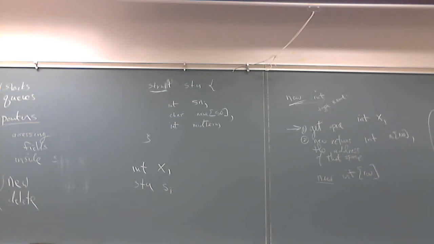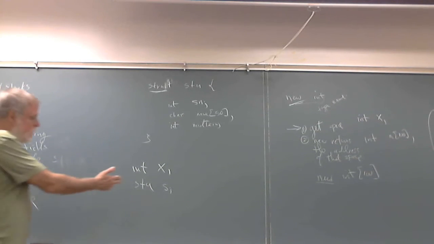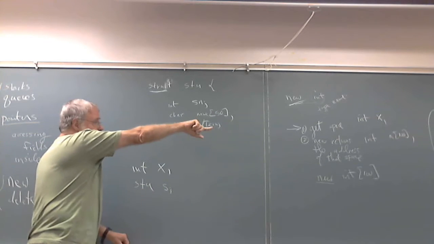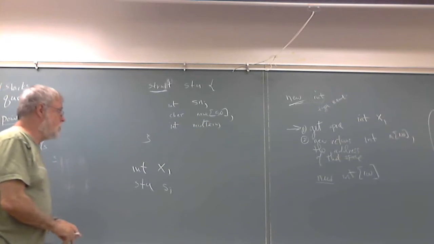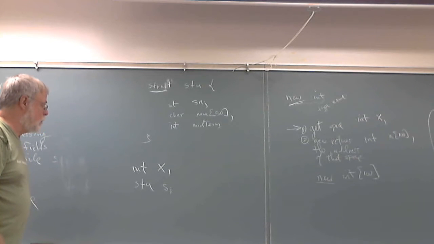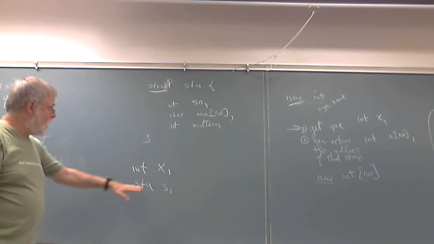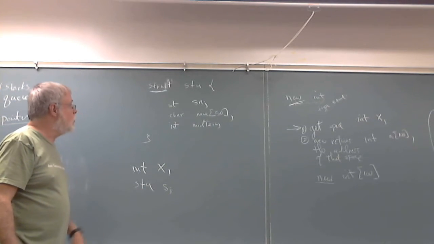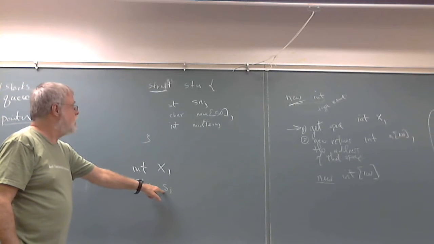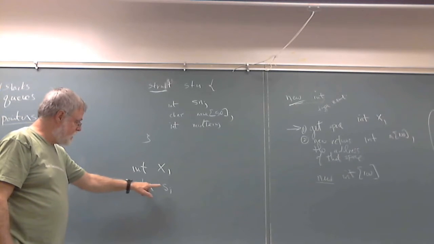So what is s? I'm not using new yet. We haven't got around to using new yet. We will very soon. So s is of type stu. Each s is of this type.